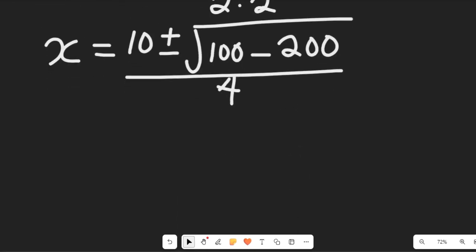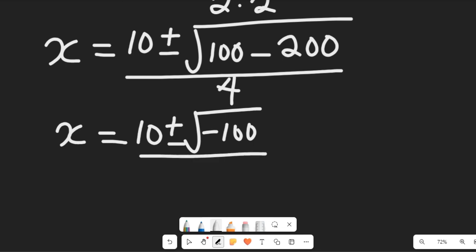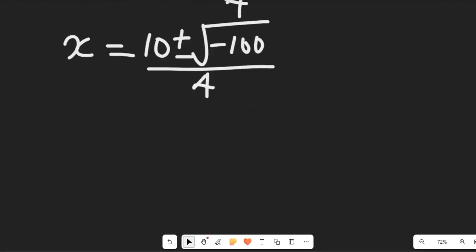So x equals 10 plus or minus the square root of 100 minus 200, which is the square root of negative 100, all divided by 4.